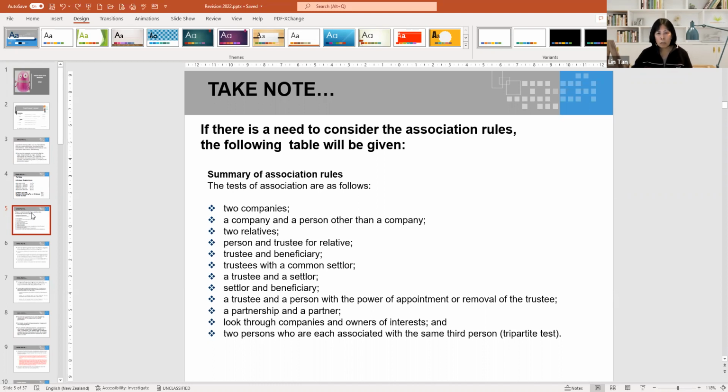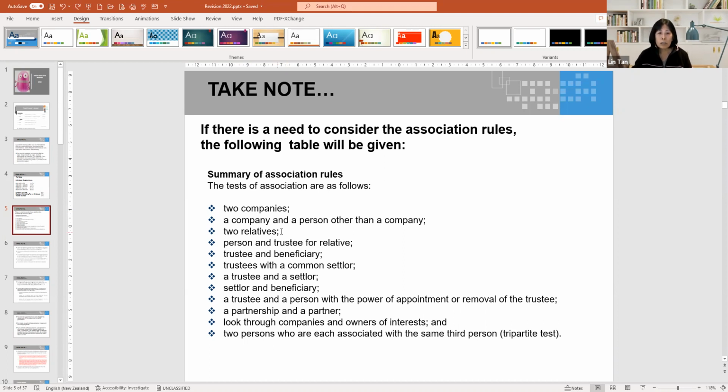We have this list of associated person rules, and I ran through a number of them with you. If there are any questions that have some relevance about somebody who is associated with one another, this list will be provided in the exam question. It will just be a list to help trigger your thinking about different ways of associating people.